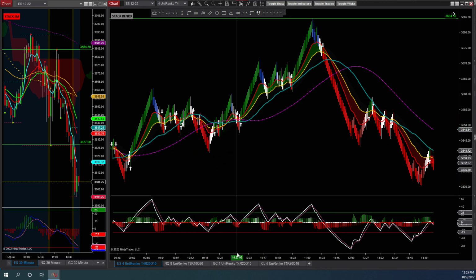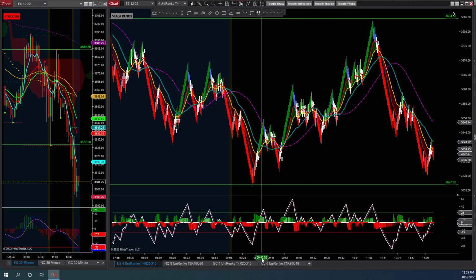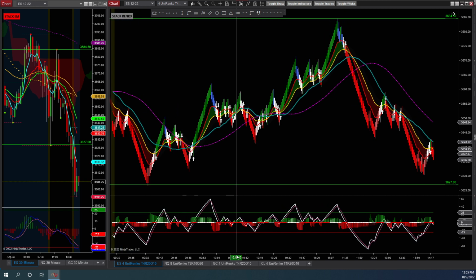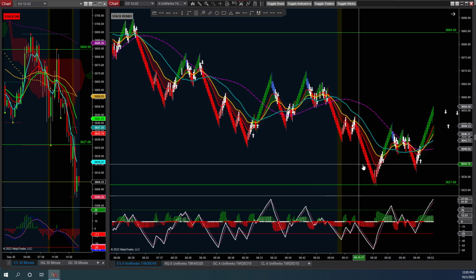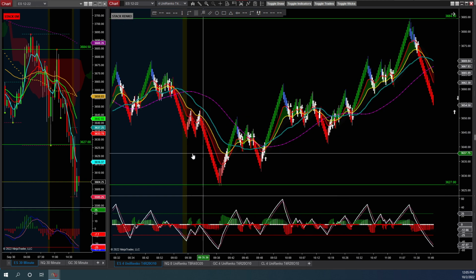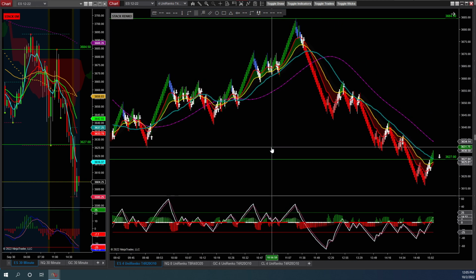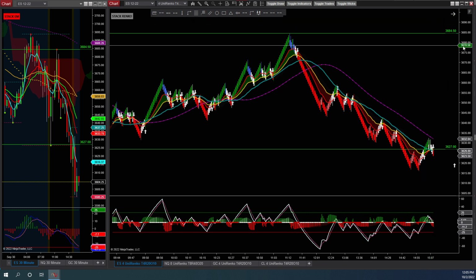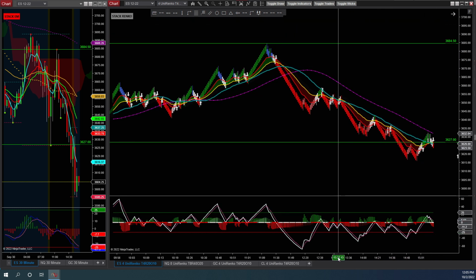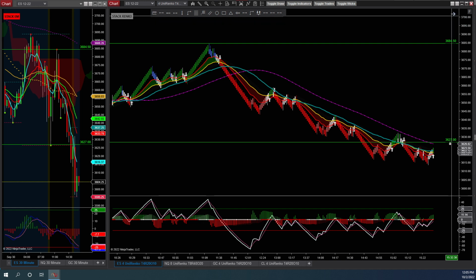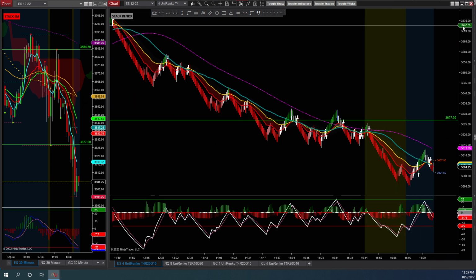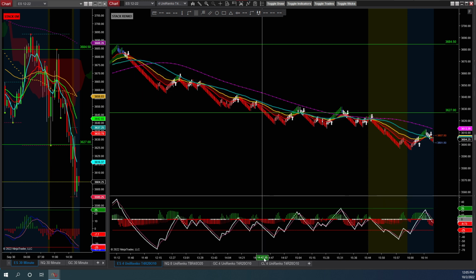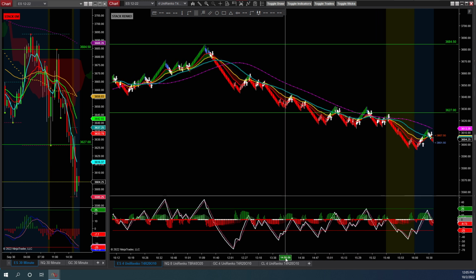So when you have a horizontal market and it's not trending like in this case, you have to be careful and probably sit on your hands and not trade. But if you want to take the risk, that is one of the setups.